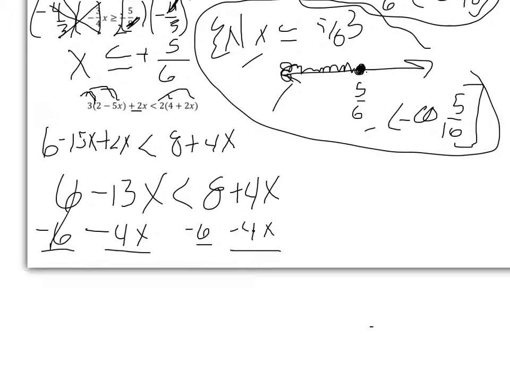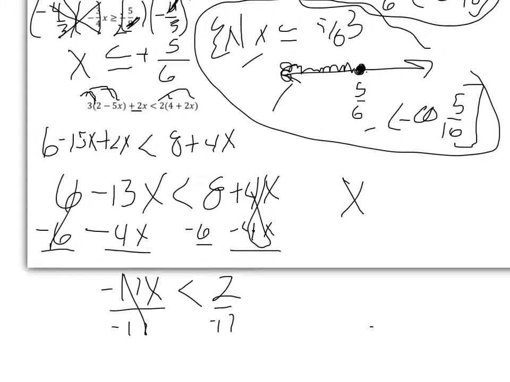The 6's go away. Negative 13 minus 4 is negative 17x is less than 8 minus 6, which is 2, and our 4x's cancel. Finally, divide by negative 17. Now we're dividing by a negative, which means we have to flip the direction of the sign. So we have x is greater than negative 2/17.